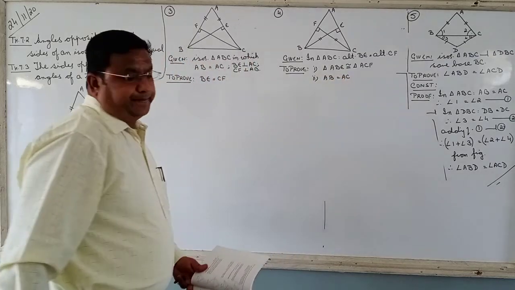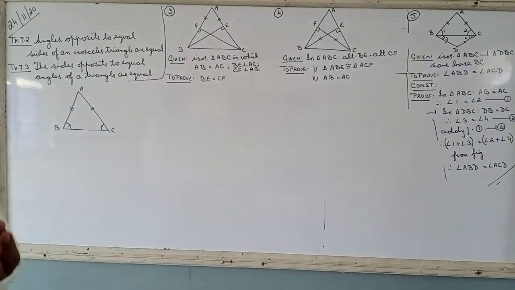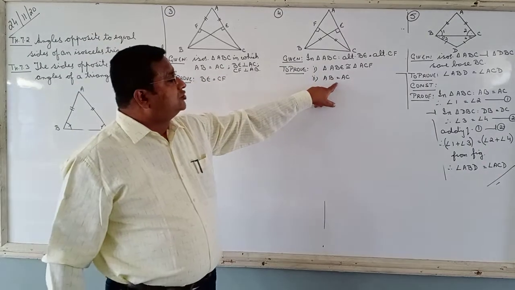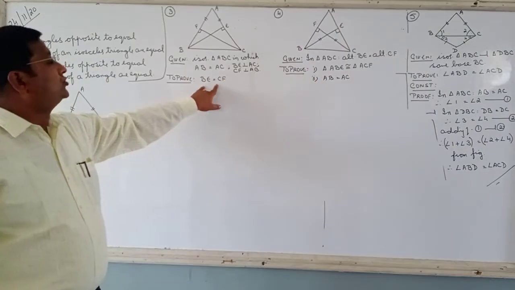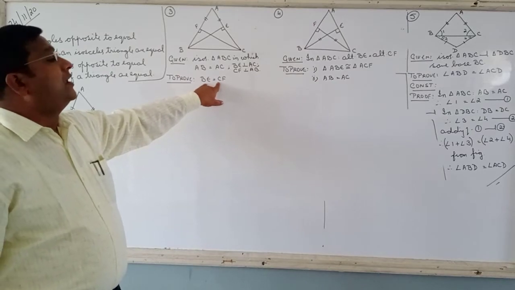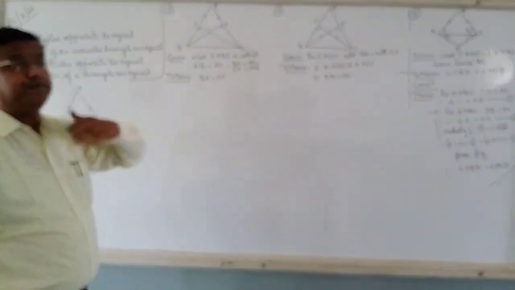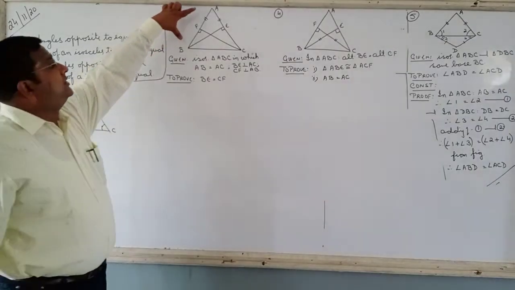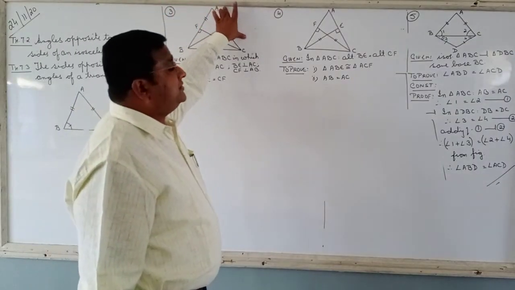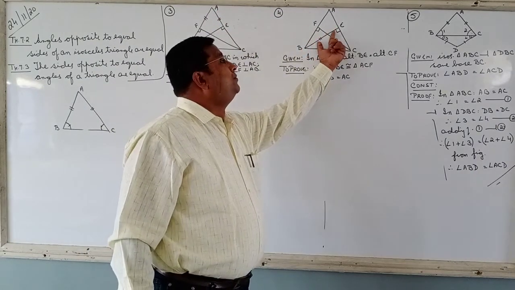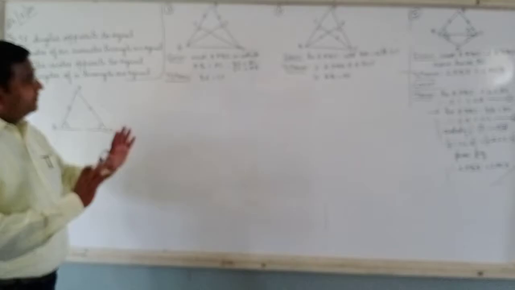Can you see? Here it was given to us that AB is equal to AC. Here he wants us to prove that altitudes BE and CF are equal. Here it is given that altitudes are equal. Can you see the figures? I have marked. In this question, side AB is equal to side AC. Here the altitude CF is equal to altitude BE.